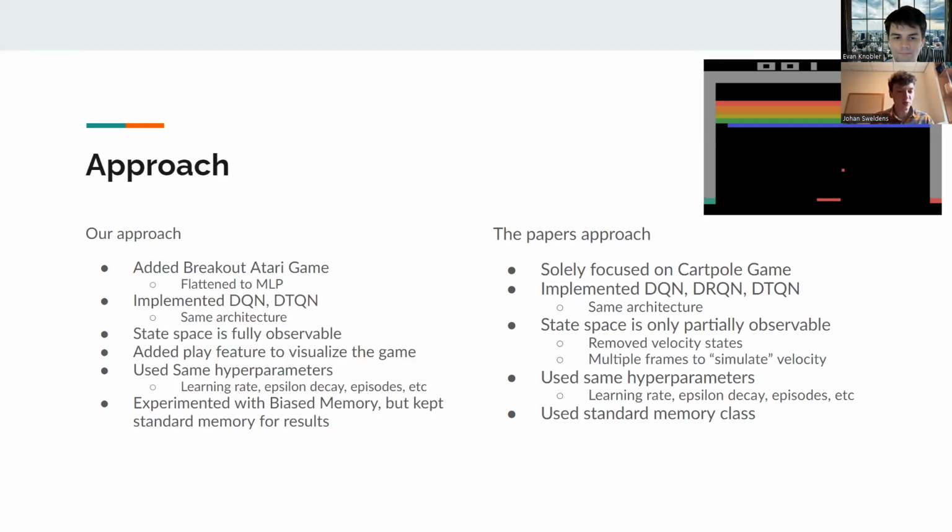We did some experimentation with biased memory, but for our main training results to replicate their paper, we kept the exact same standardized basic memory recall algorithm, so as not to add any other complications.